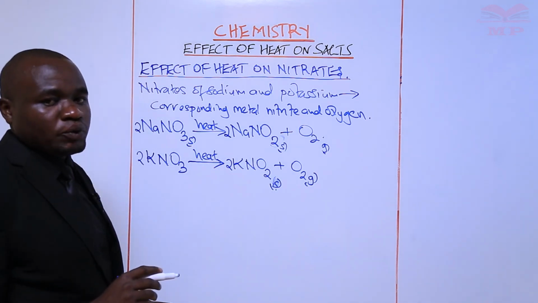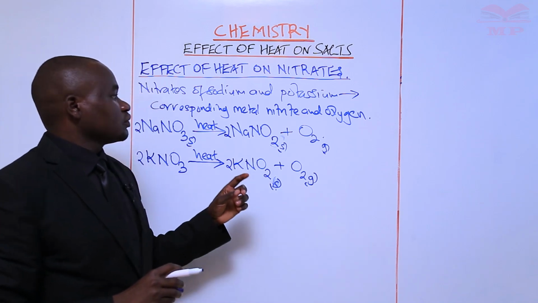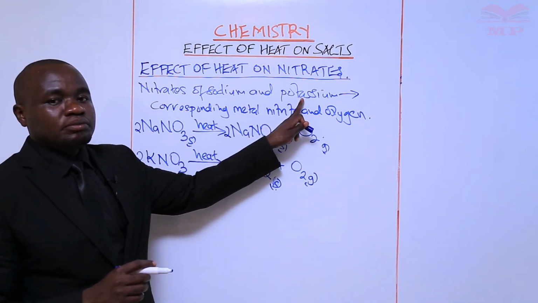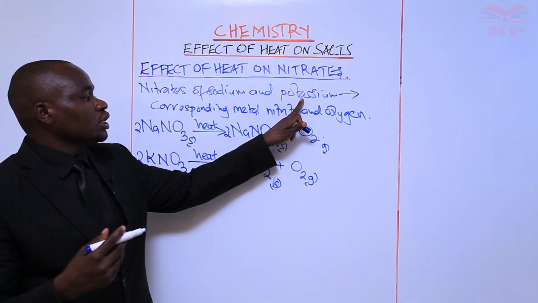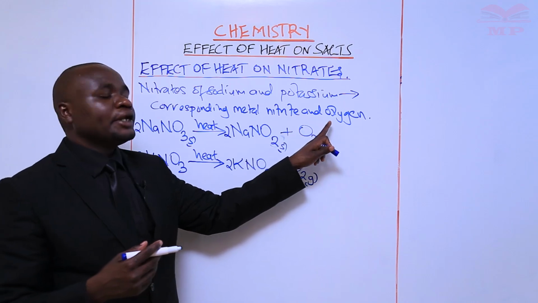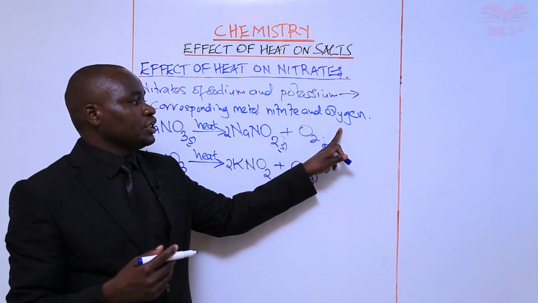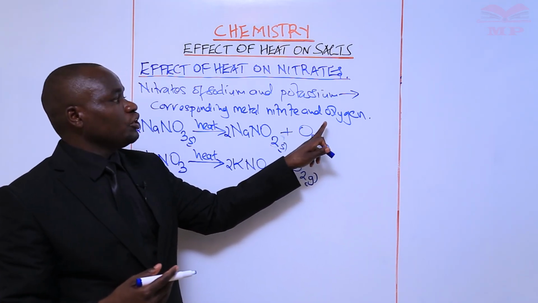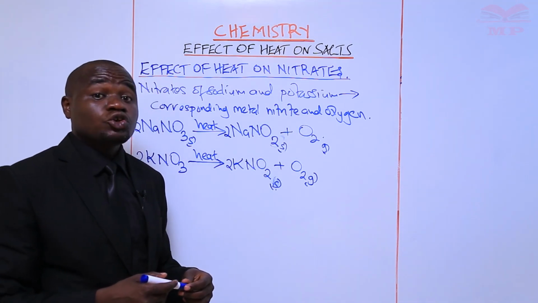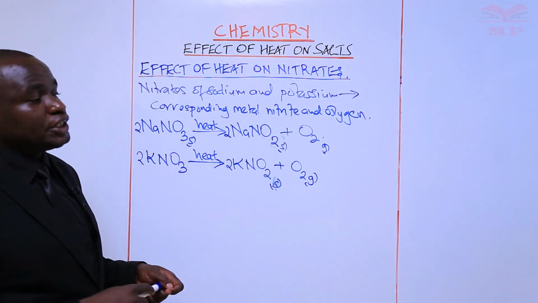So learner, we are saying that the nitrates of sodium and potassium decompose on heating to give you the corresponding nitrite and oxygen. We have said the products of the effect of heat on nitrates largely depend on the position of the element in the reactivity series.